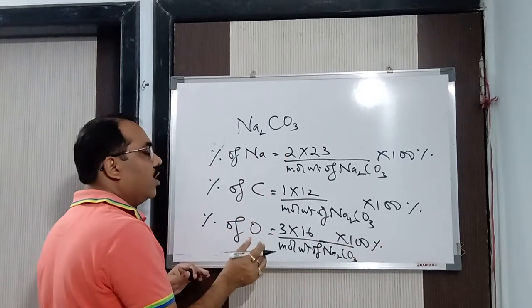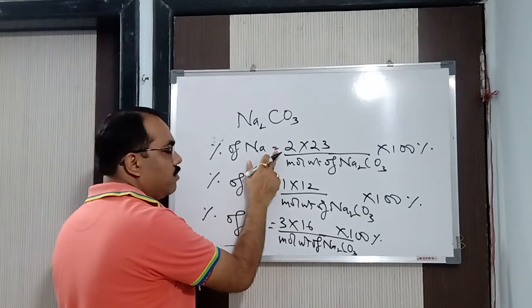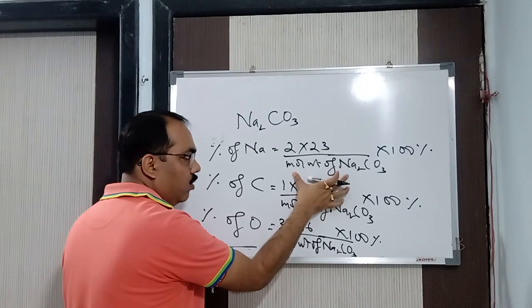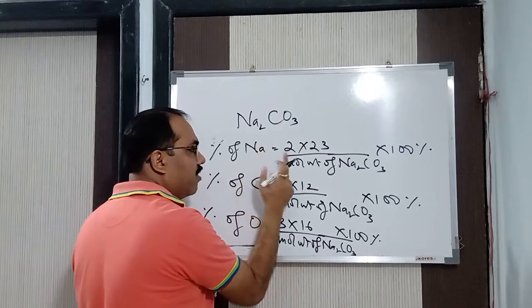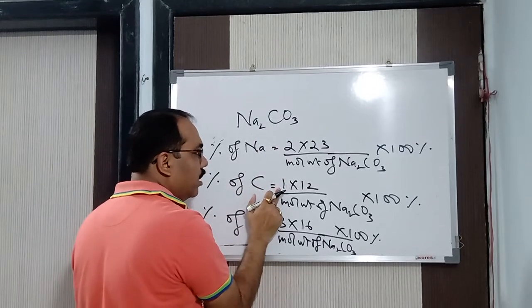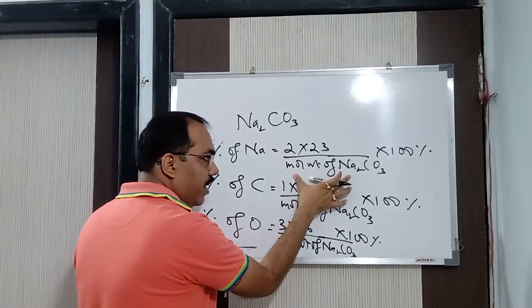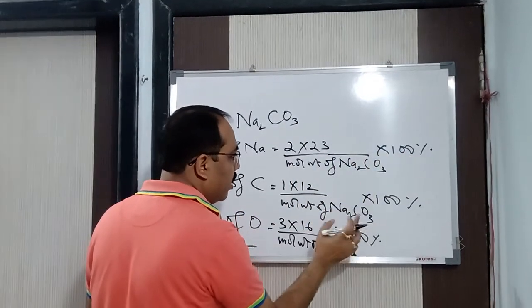That means what is the formula? You got it? To calculate the percentage of any element, number of atoms into the atomic weight divided by the molecular weight of the molecule or the compound into 100%. Again I repeat, if the number of atoms is 1, you put it as 1 here, into the atomic weight, this will be given to you, by the molecular weight of the compound, got it, into 100%. That will give you the percentage.